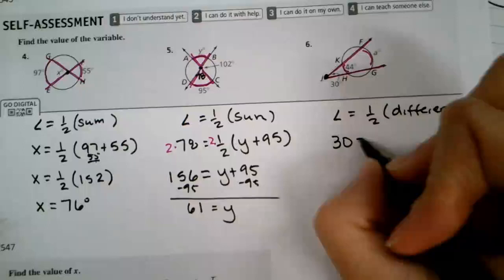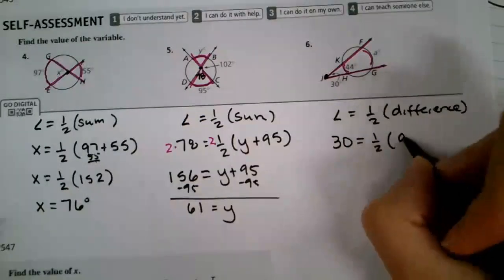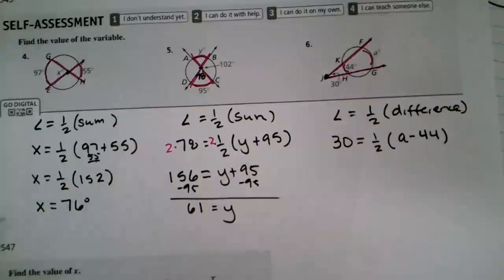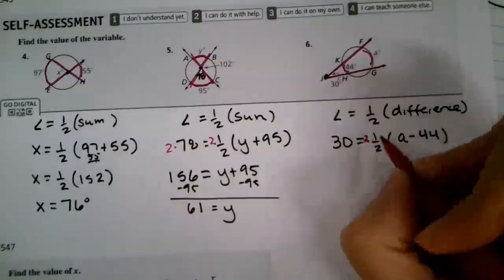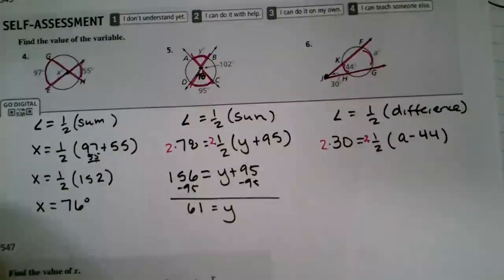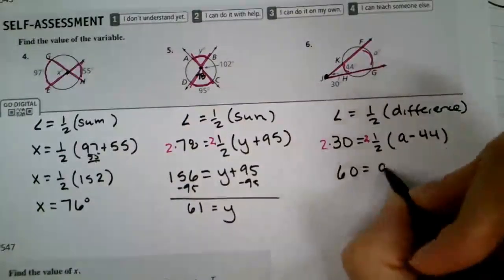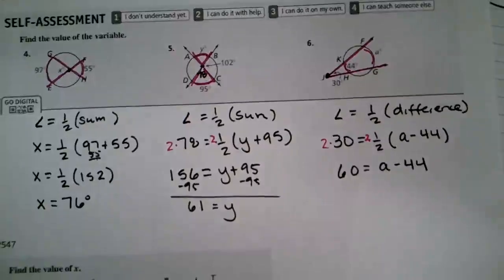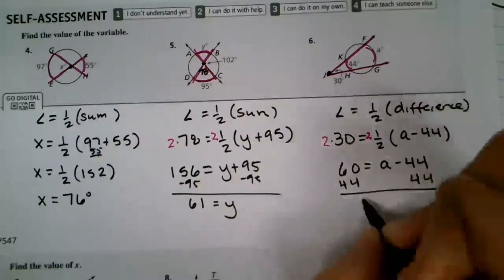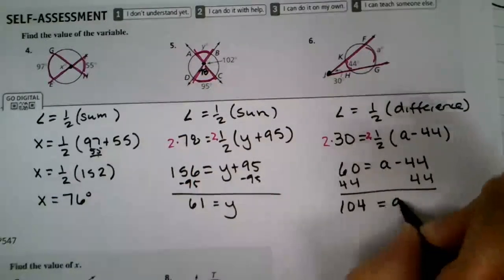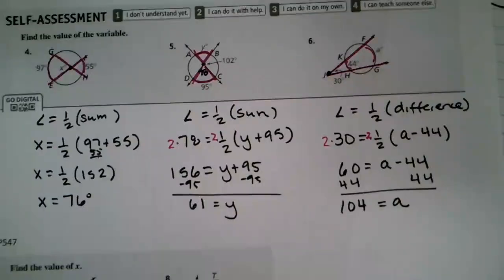So I'm going to say 30 is equal to 1/2 of A minus 44. I'm going to get the 1/2 to cancel out first by multiplying by 2. So 60 is equal to A minus 44. And then to finish solving, I need to add 44 to each side. So A is going to be 104.